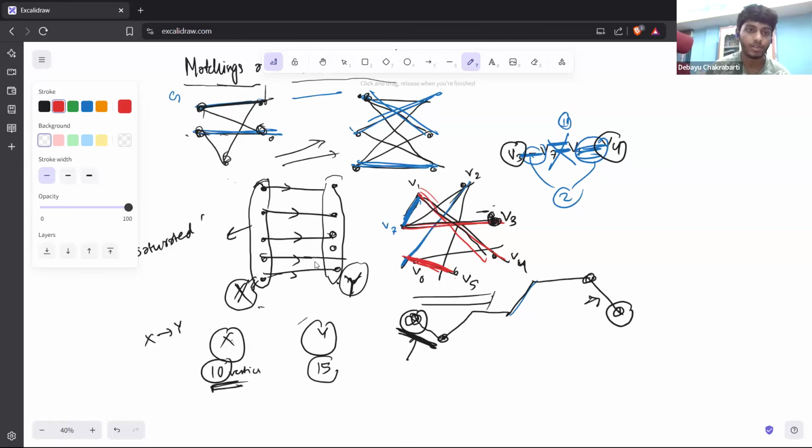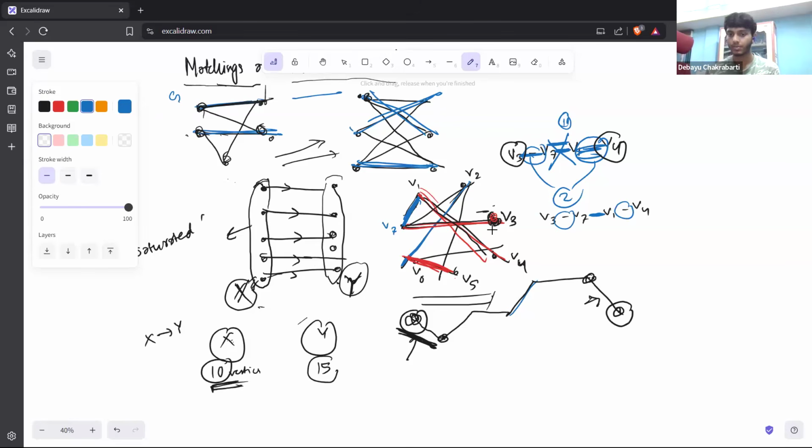So what we found out is if you start off with V3 and consider this part V3, V7, V1, V4. So V7 and V1 are connected by a blue edge, while these are not colored. Notice, don't confuse it with the red edges.